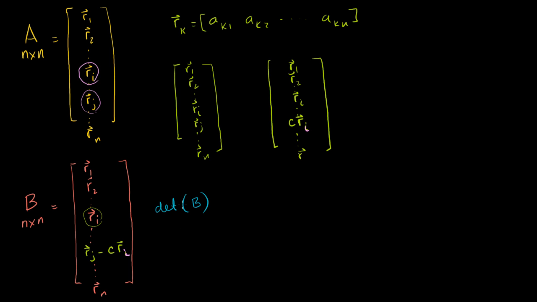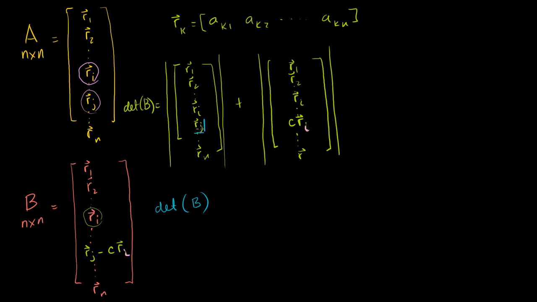Now, the determinant of B you could view as the determinant of this guy plus the determinant of this guy. Hopefully you remember a couple of videos ago that if I have two matrices that are identical in every way except for one row, these two matrices are completely identical except for what's going on in the jth row.